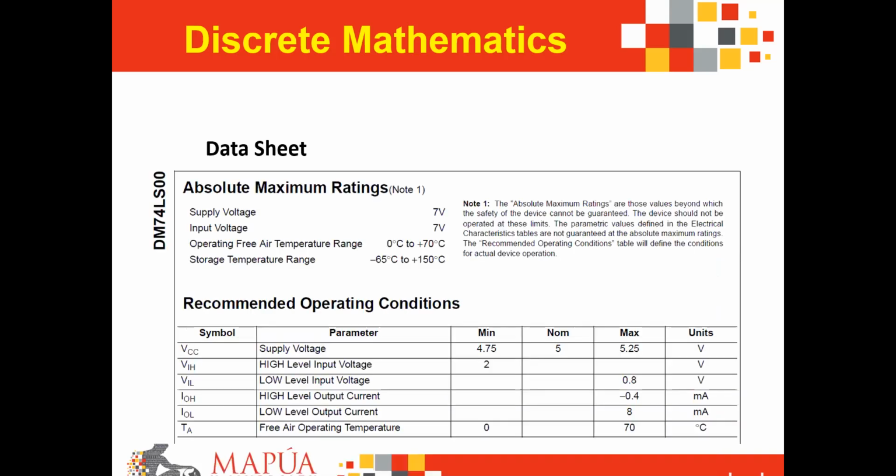It also includes different ratings of values that are tolerable on your respective ICs. Meaning if you go beyond these values and connect your ICs under different conditions, in some cases, your IC may burn out.